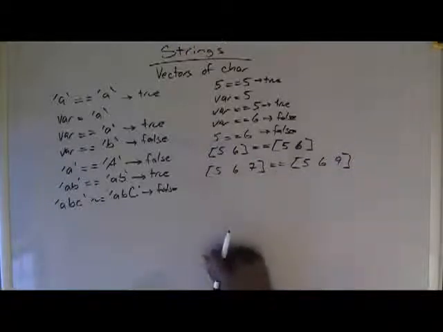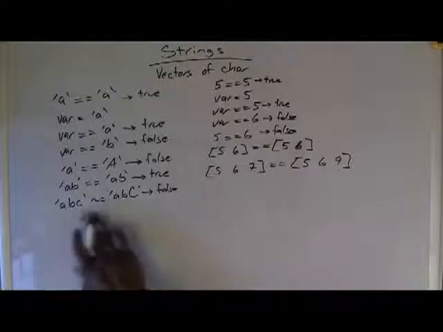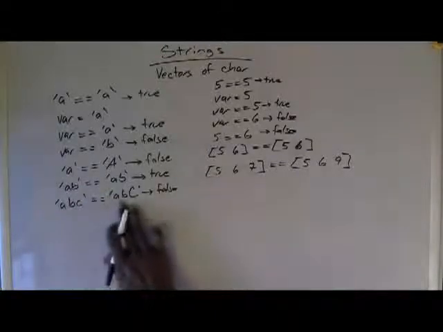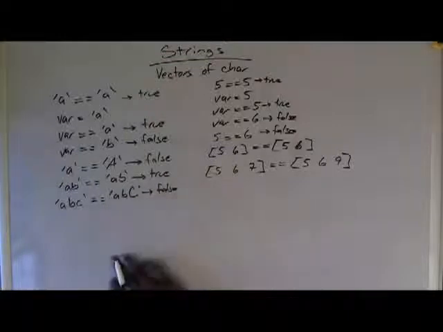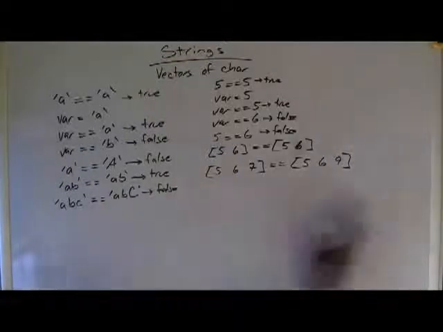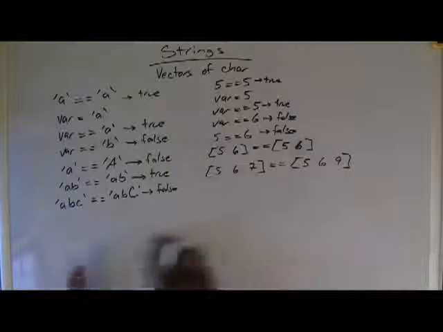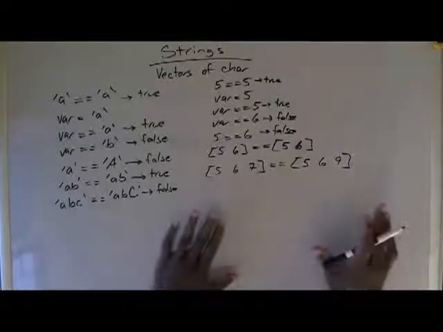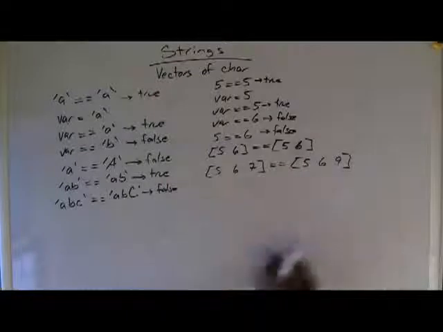And that would give me false. Okay. Oops, I made a mistake over here. This is false. ABC equals AB capital C is false. So I'm trying to draw these parallels here between the strings and numbers over here on the right.